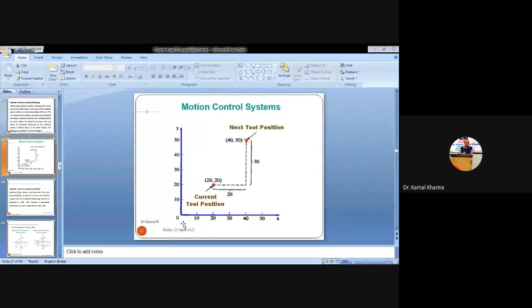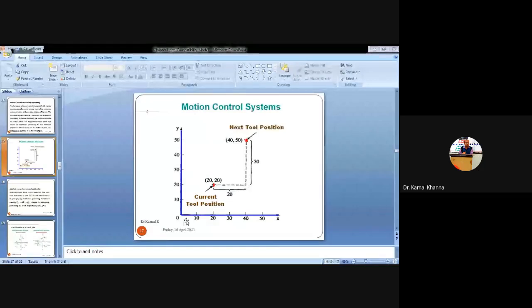In the absolute coordinate system, the coordinate of the origin remains constant. The origin remains the same throughout all the positions of the tool. If the tool has to perform the operation at this point, 40, 20, where the value of x is 40 and the value of y is 20, then that 40, 20 is measured with respect to this 0 origin, which is a fixed origin.